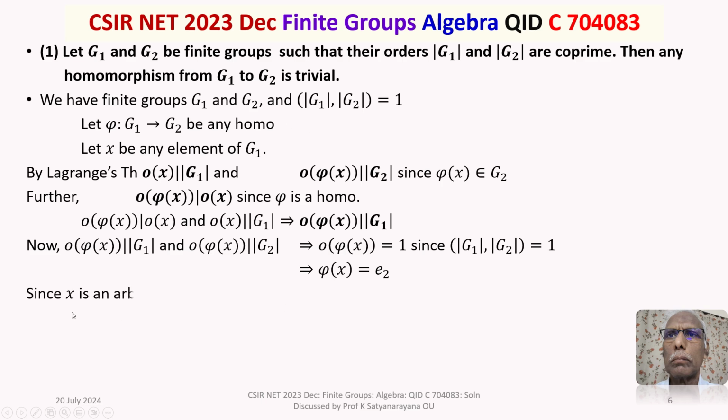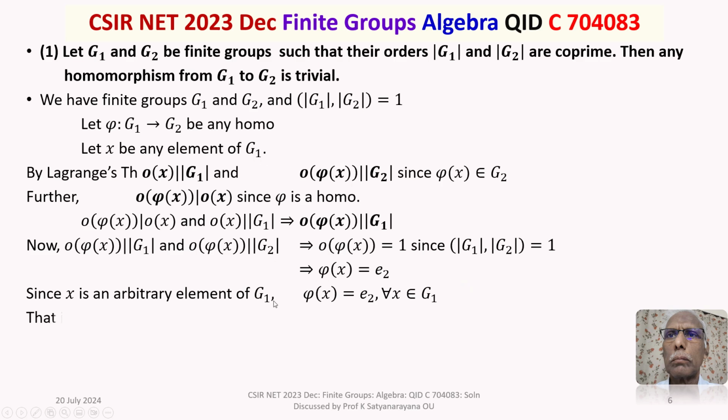Since x is an arbitrary element of G1, phi of x is equal to E2 for all x belongs to G1. And how is phi taken? Phi is also arbitrary.